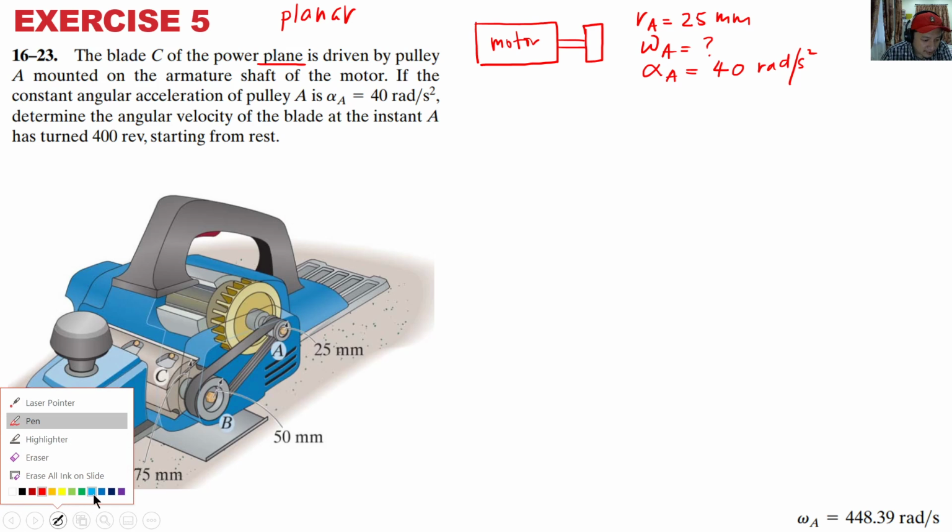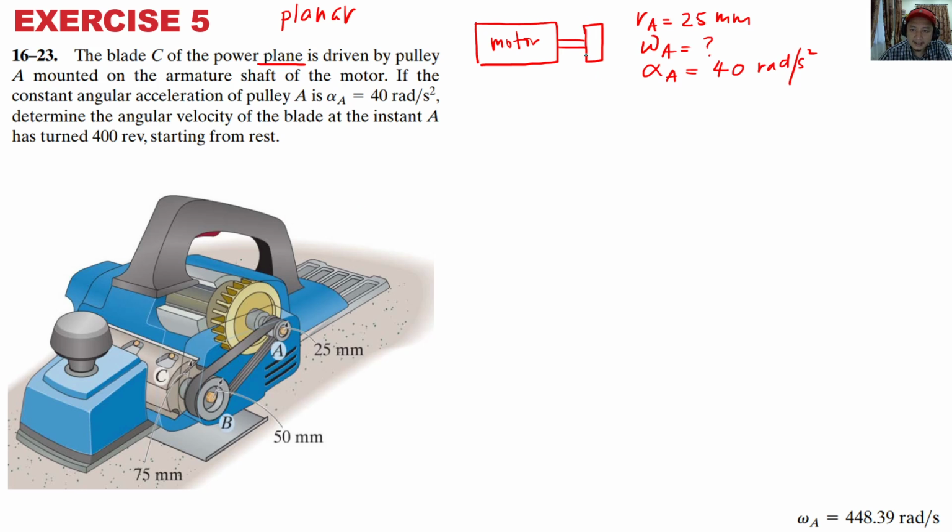So this motor is hooked up by a belt. So there's a belt. This belt is mounted there. So this belt rotates. Rotates what? Rotates this one.